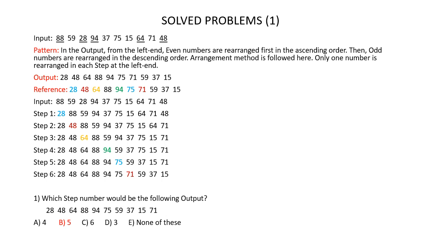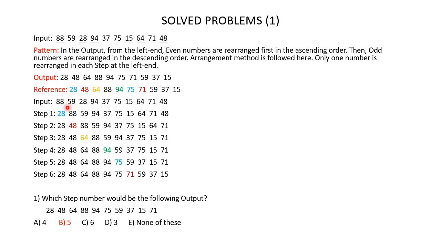Now use the same order of numbers as given in this reference line while finding out the rearrangement steps. Now let's find out the steps between the given input and the final output. Now this is the given input which consists of only numbers. Now for step 1, use the first number in the reference line, which is 28.